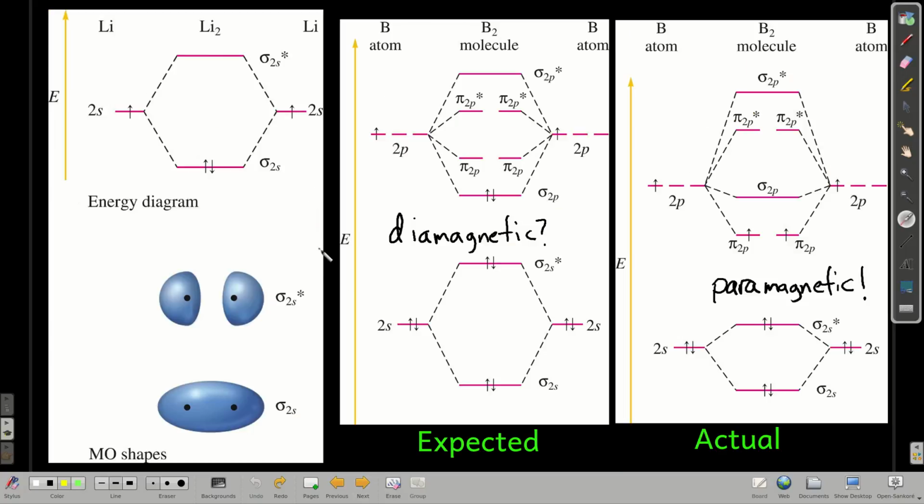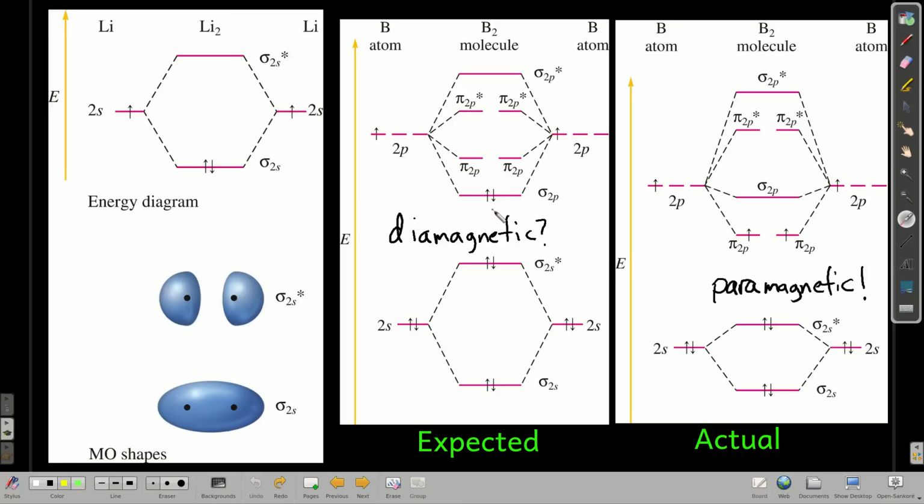When we're doing the molecular orbital energy level diagrams for the second row elements, we just start with the 2s atomic orbitals, combine them to make sigma 2s, a bonding molecular orbital for 2s, and an antibonding sigma star 2s, which are higher in energy than the 1s, but the 1s are full, so we ignore them.